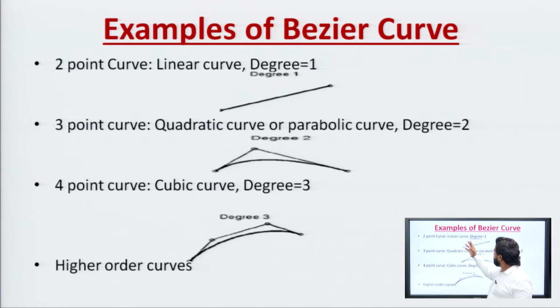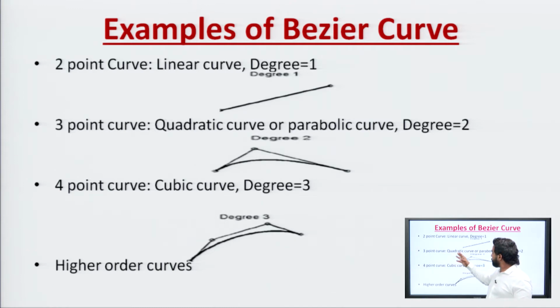So it is a linear curve, and its degree is 1, because as I told you before, if there are n plus 1 control points, then the degree of that curve is n, or in other words, if the control points are n, then the degree of that curve is n minus 1.